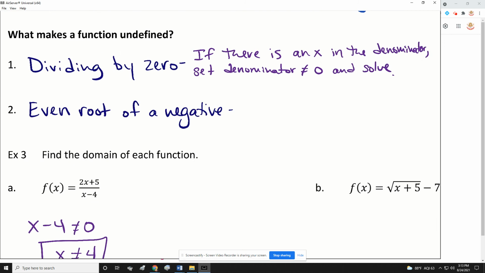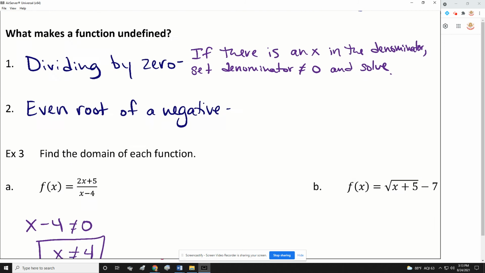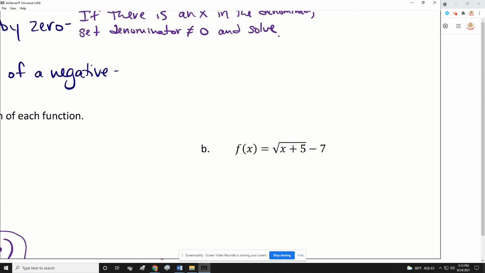Okay, the second situation is when you have the even root of a negative. So on B, example 3b, we have this even root right here. So it's possible what's under there could be negative.